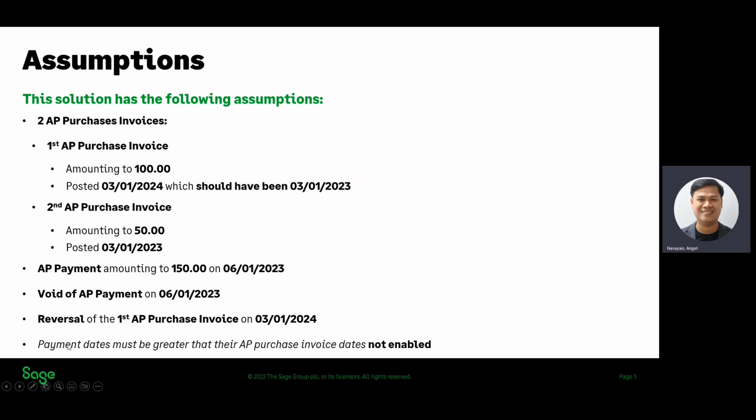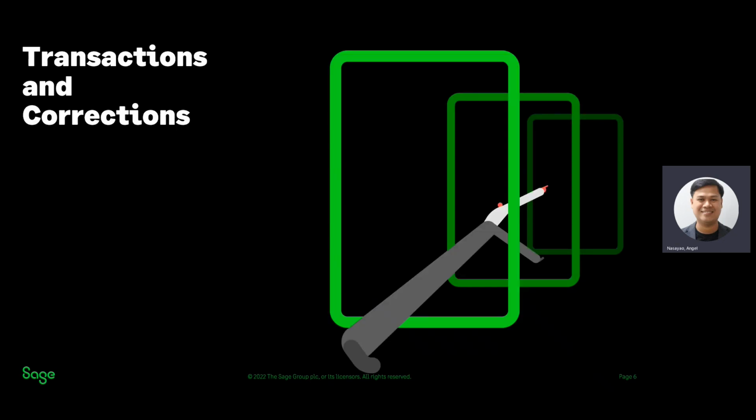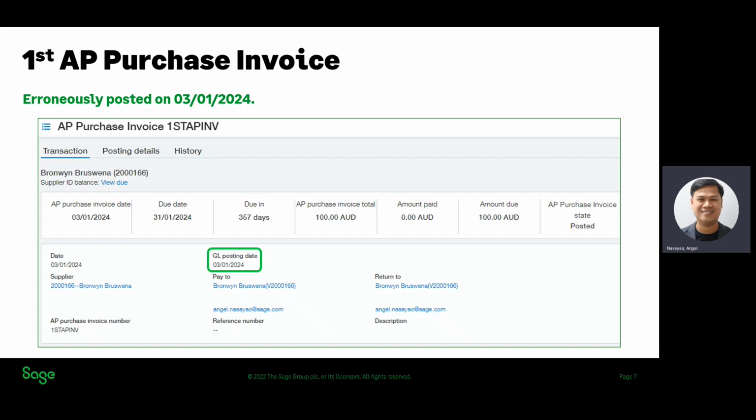So this is a preference that is available in the configure accounts payable screen, and it is a best practice to have it enabled, so we will prevent any payment that is being done ahead of the AP purchase invoice date.